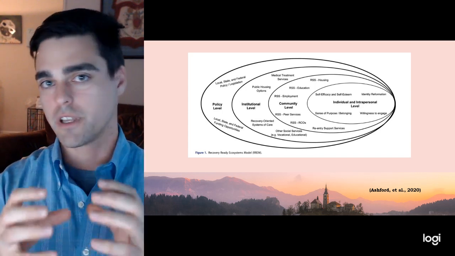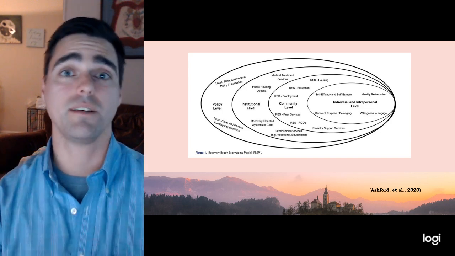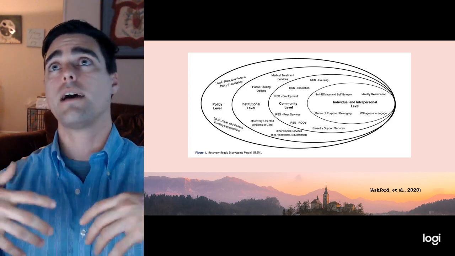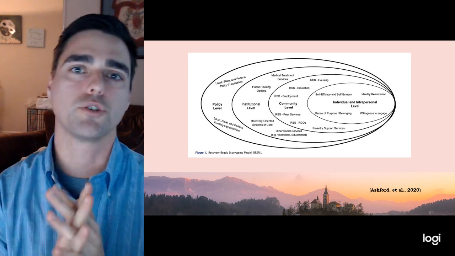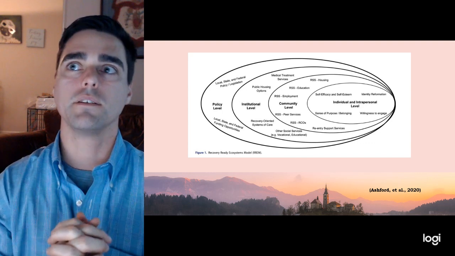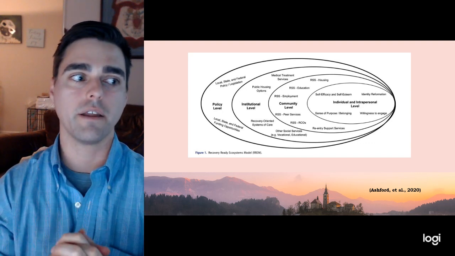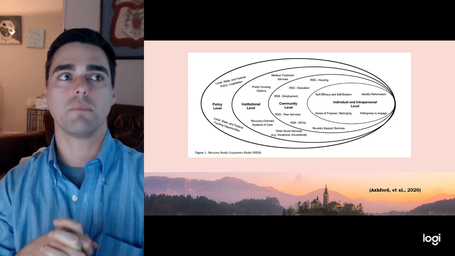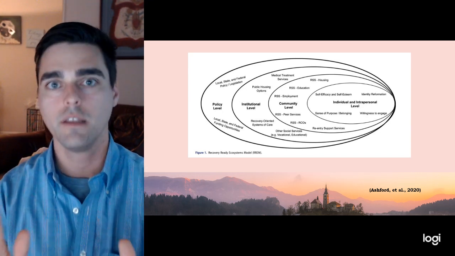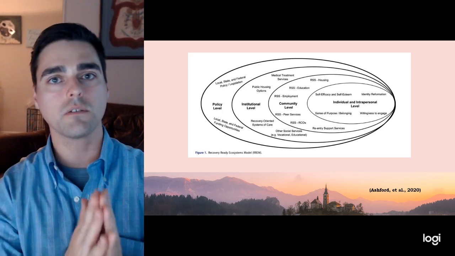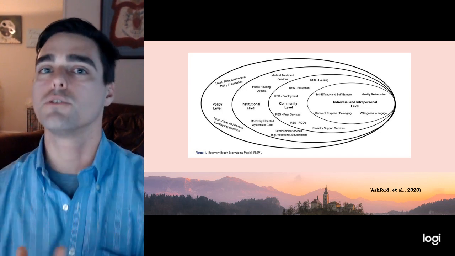There's this thing called recovery capital, and people who have the opportunity to find meaningful employment, people who have the opportunity for education. One of the biggest barriers to treatment for women is the need to care for children. I know in Atlanta, there's a place called My Sister's House, and it's the only treatment place that I know of in all of Atlanta that will allow a single mother who is wanting to recover to bring her children with her to treatment.